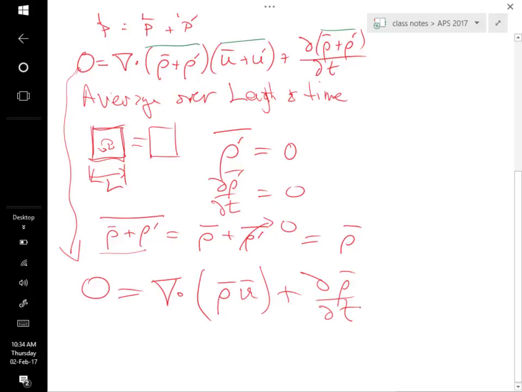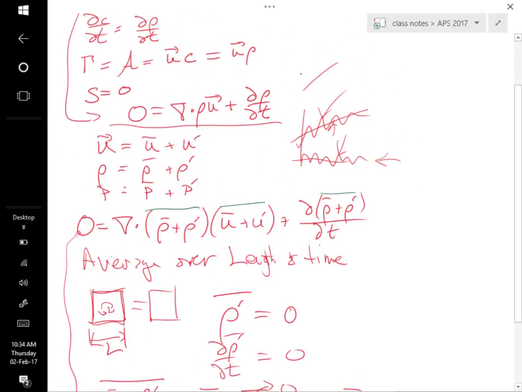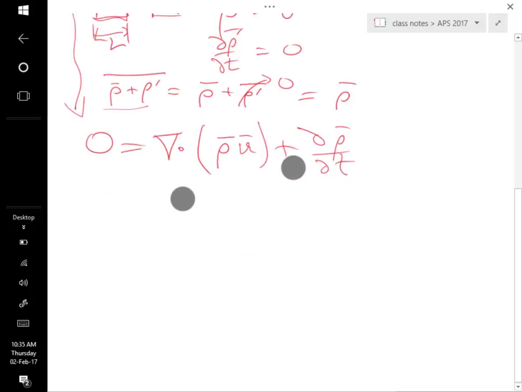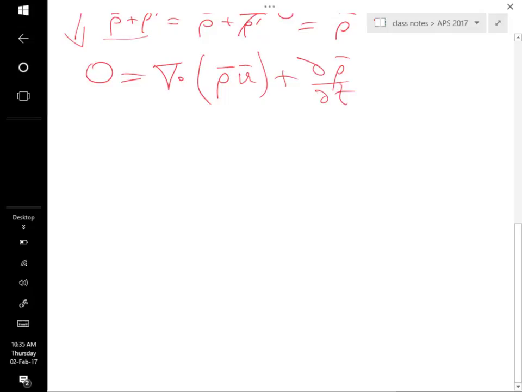So this is basically just giving us the same equation we started with. And so that's kind of cool. I think we understood where this came from. We did this averaging, we get this, and so it seems good. It doesn't seem like we're really getting anything different though. But nevertheless, this is where we start. This is mass conservation, and what we'll do is continue on and do momentum conservation.